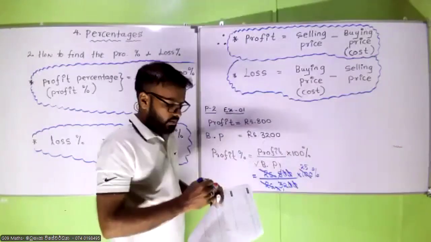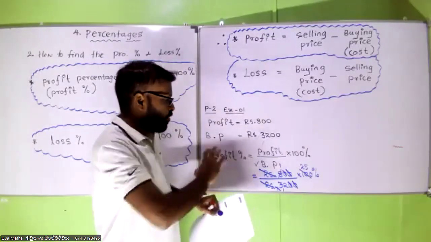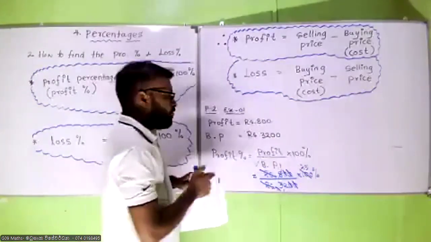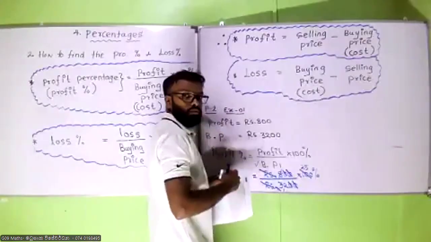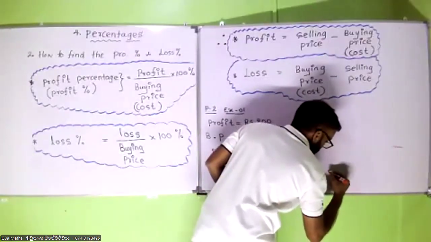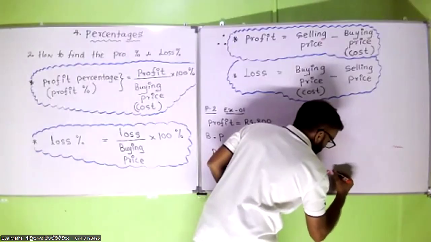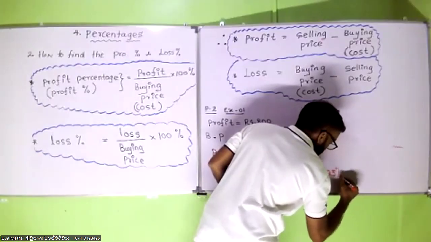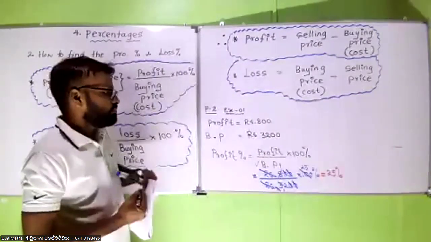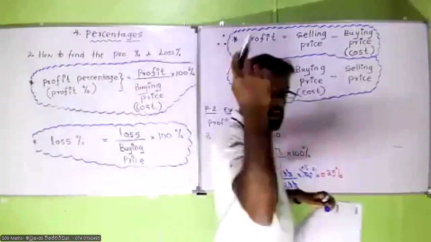All things can be cut. Correct? So the final answer will be 1 into 25, 25%. Alright. Do the second example and send me the answers.